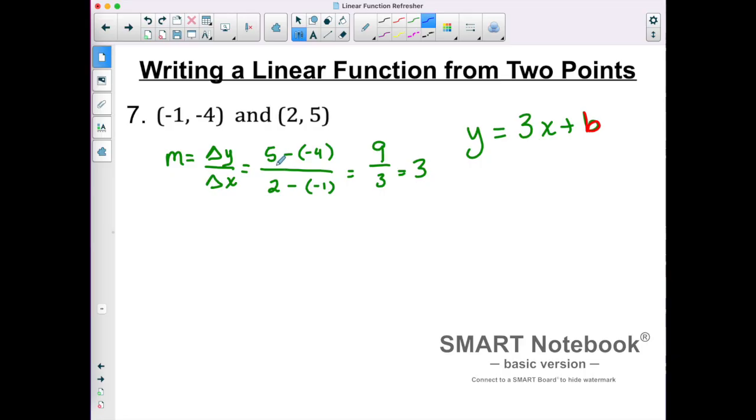It doesn't matter which coordinates you use because both of them are a collection of x and y. So whether we used x1, y1, or x2, y2, they both represent a relationship between x and y. So I'm going to use that first point, (-1, -4). That means y is -4 when x is -1.